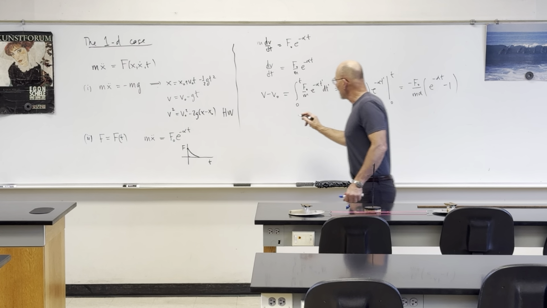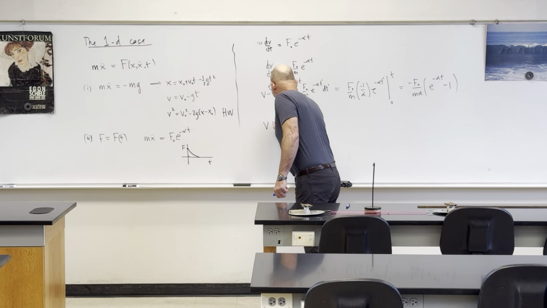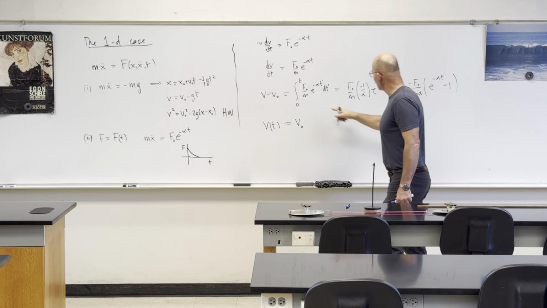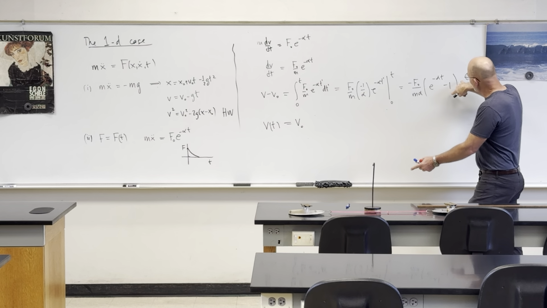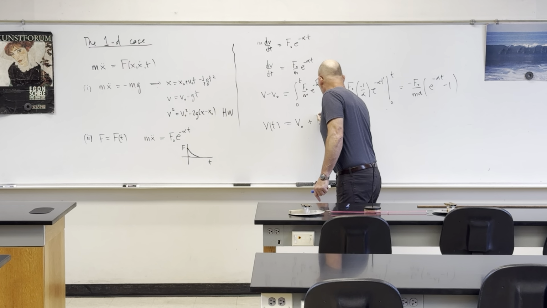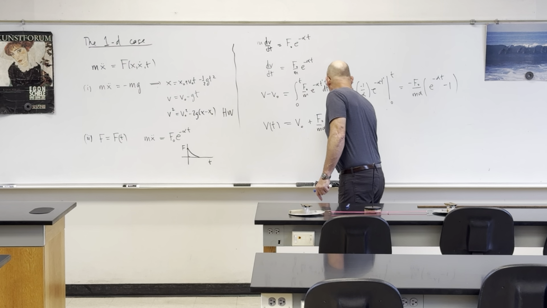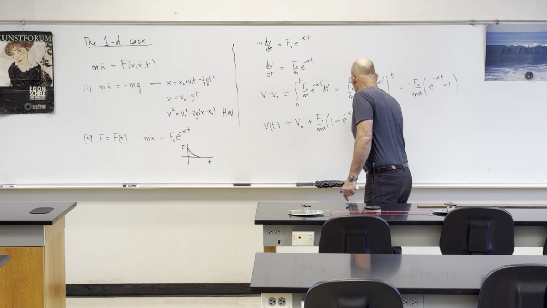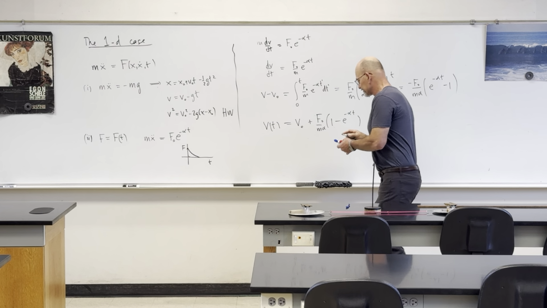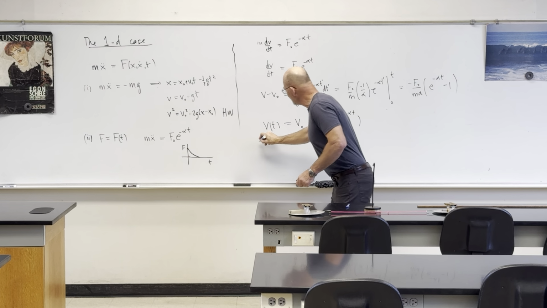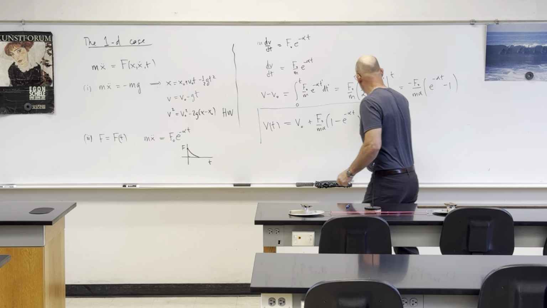Okay, so now we're going to write it this way. V of t equals v0. Just brought that over to the right side. I'm going to flip the minus sign and get rid of that one there. Plus f naught over m alpha times 1 minus e to the minus alpha t. So this one's going to be good to analyze.